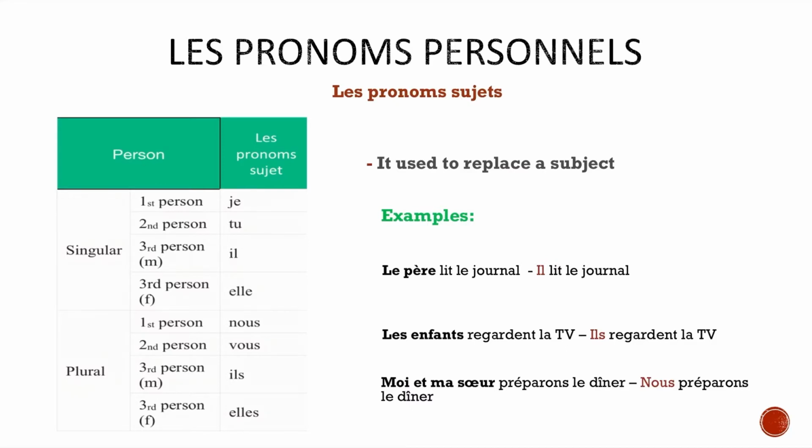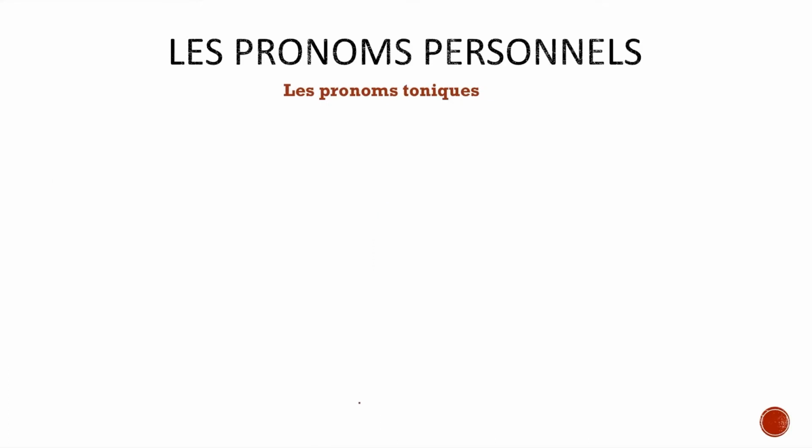Now let's have a look at the second type of personal pronouns, les pronoms toniques. Le pronom tonique is also known as disjunctive pronouns.